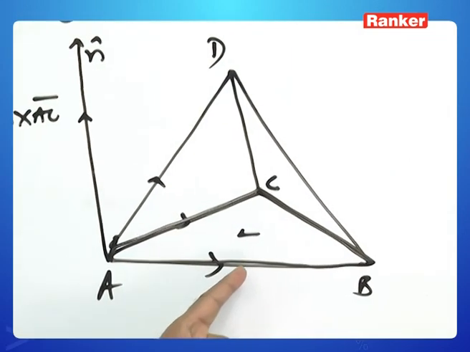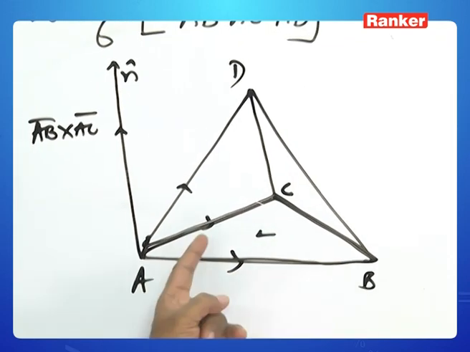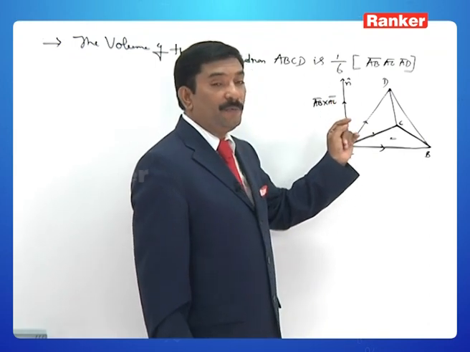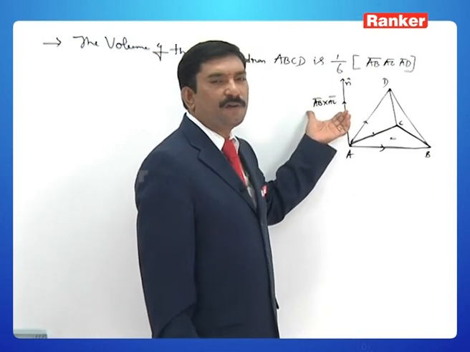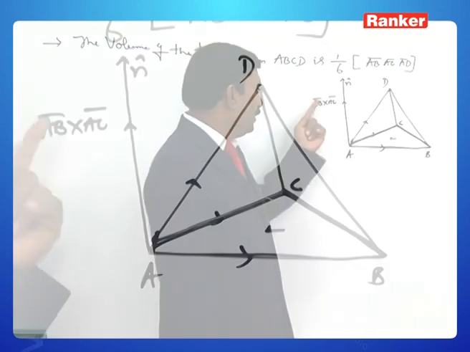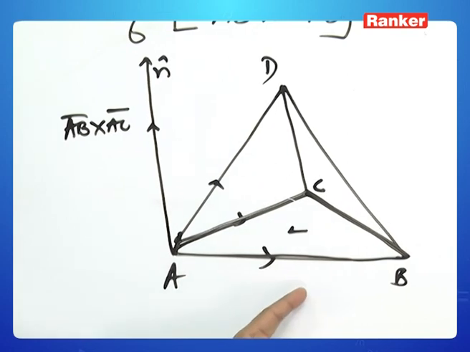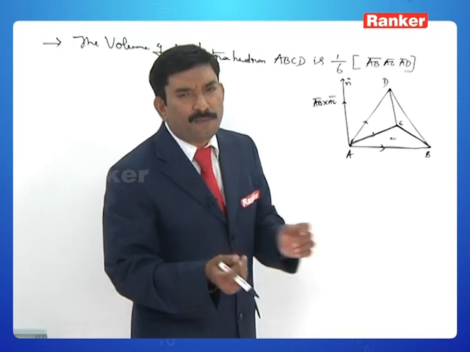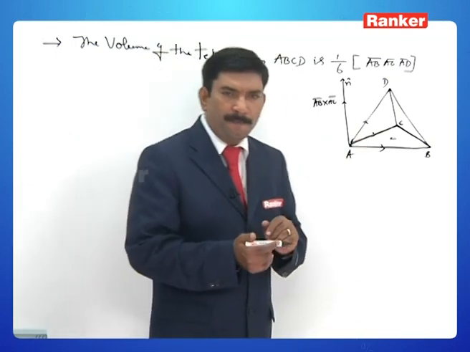Now, the area of this triangle ABC can be written as 1 by 2 into AB bar cross AC bar. Before that, by definition of vector or cross product, AB bar cross AC bar is the vector which is perpendicular to the plane containing AB bar and AC bar. We call it as plane ABC.